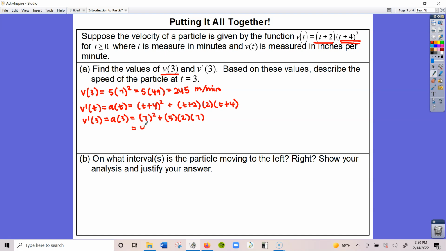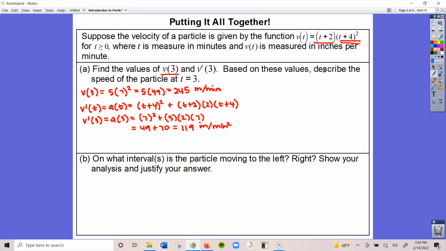This is going to give me 49, plus 5 times 2 is 10, times 7 is 70. So in total, this is 119, and then our units for acceleration would be inches per minute squared. Since remember, acceleration, time is always squared.